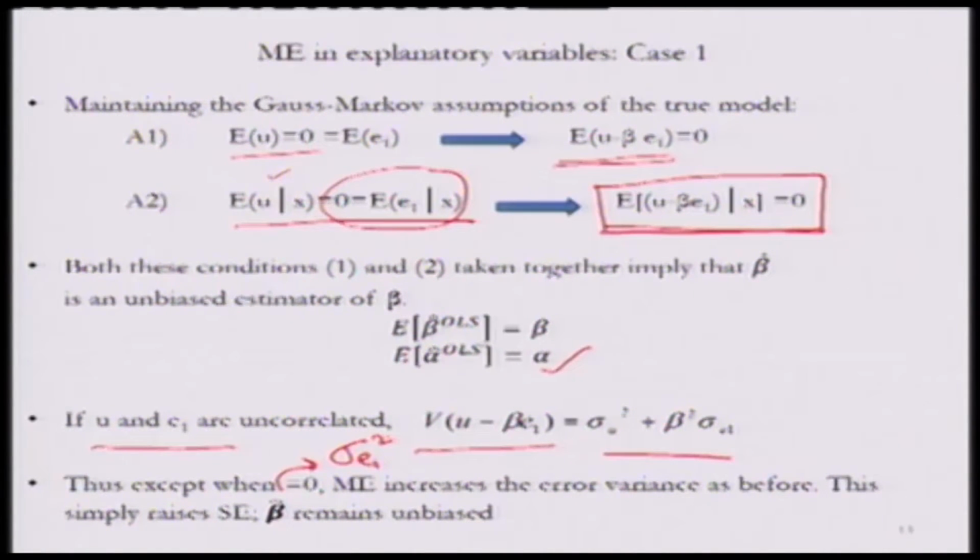So, this just means that, except when sigma E1 square is equal to 0, the measurement error increases the error variance as before. This just means that the variance of the measurement error is equal to 0 or not. So, naturally we are considering the case where this is not equal to 0 and there is a measurement error. So, this increases the error variance, but does not affect the OLS estimate of beta, which remains unbiased.